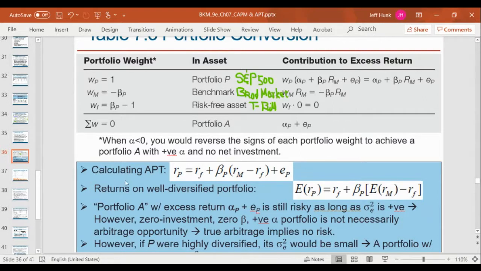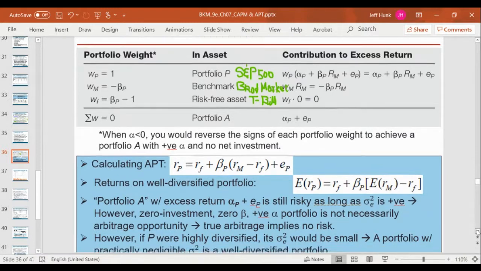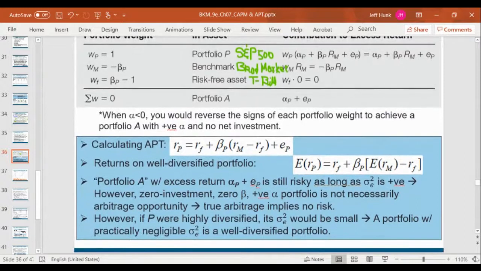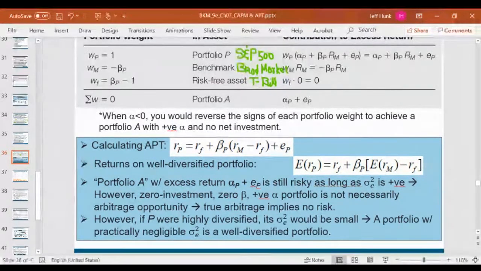Yes, if you flip the sign when alpha is negative, in other words, you would make this negative, you would make this positive, right? And then flip the sign and eventually reverse the short, right?